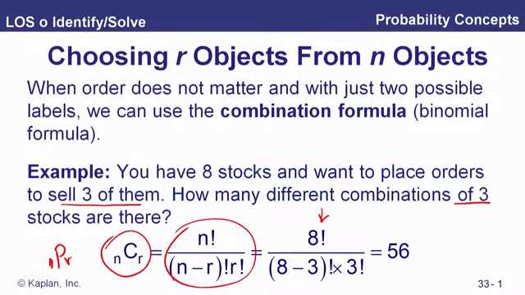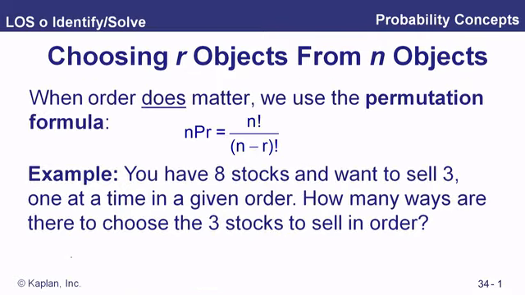So C for combinations and P for permutations. We're going to use that when the order matters. So here we've just figured out that from 8, there's 56 different groups of 3 that we could choose.